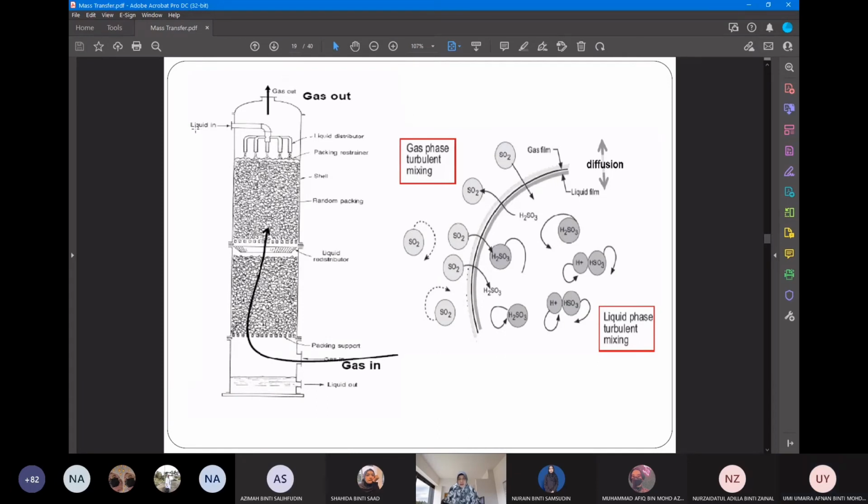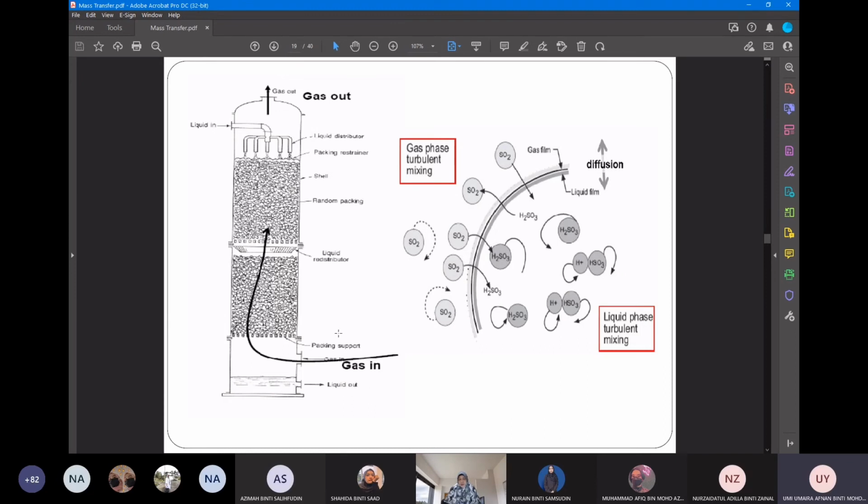So if you are dealing with gas absorption, at the beginning you have a liquid inlet and a gas inlet, so you have liquid feed and gas feed. And then you also have the gas outlet and the liquid outlet.